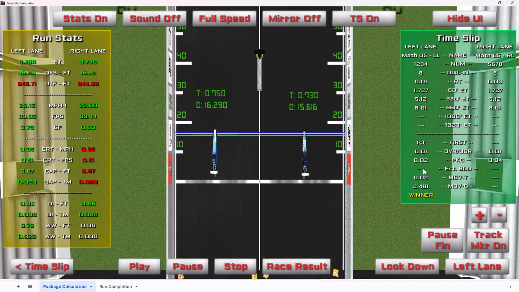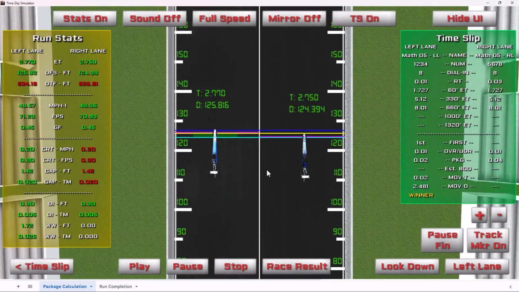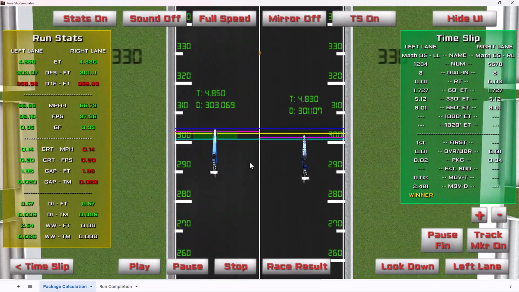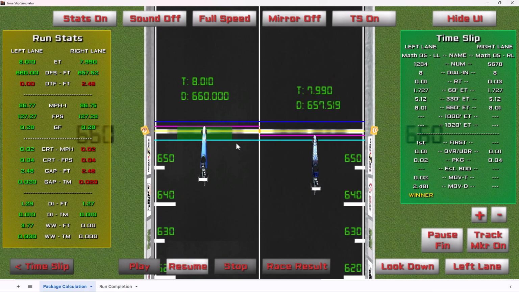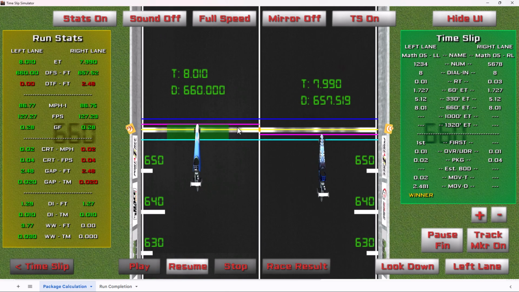We see over here what we expect is 200ths advantage at the finish line. So this difference between the two races, between the blue line and the yellow line, is the reaction time difference. Okay, so as long as racer A here finishes 200ths or less in front of racer B, they cannot lose.